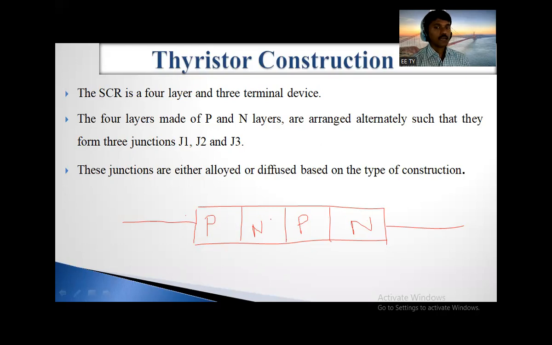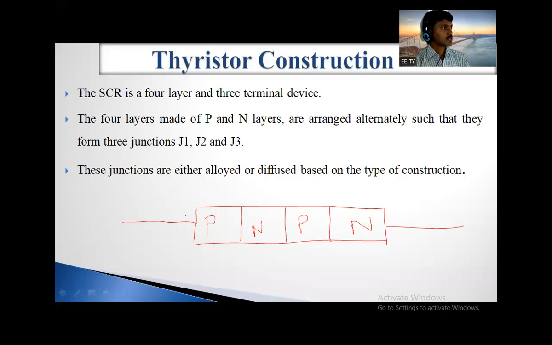This P layer and this N layer are called the outer P layer and outer N layer. And this N layer and this P layer can be called the inner N layer and inner P layer. ये inside है ना?